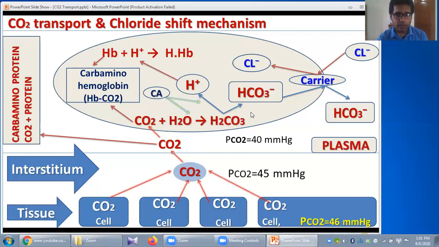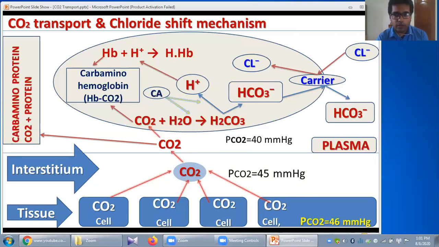As carbon dioxide enters into the red blood cell and finally produces this hydrogen ion, it will be tied up with the hemoglobin molecule, makes the hemoglobin molecule acidic, and so reduces its affinity for oxygen. So that will enhance the delivery of oxygen to the tissue. And this effect is known as Bohr effect, that happens at the tissue level or in the tissue capillary.